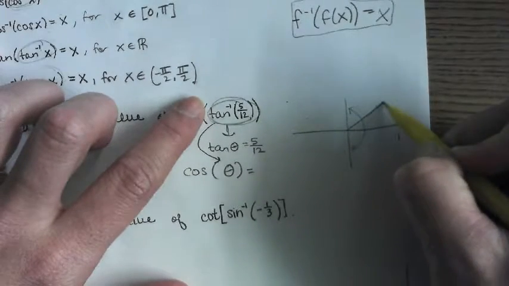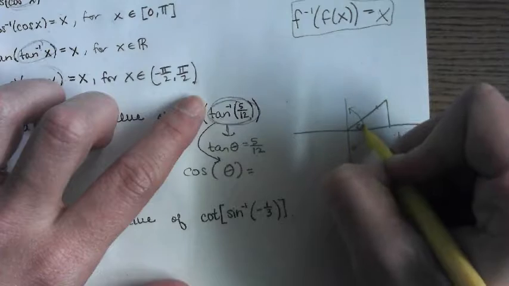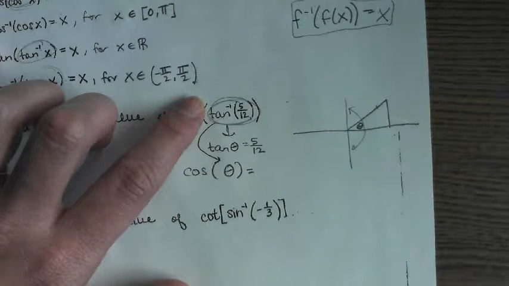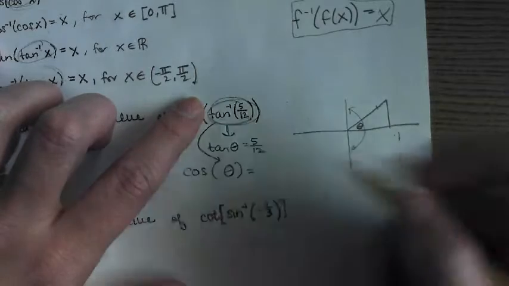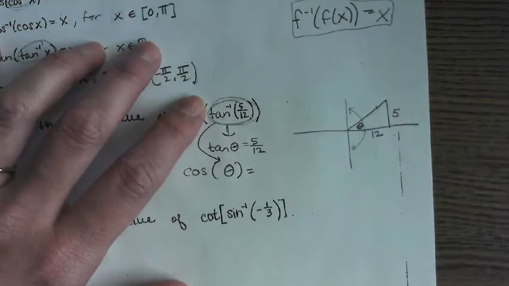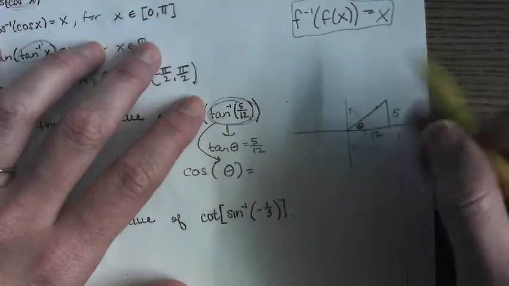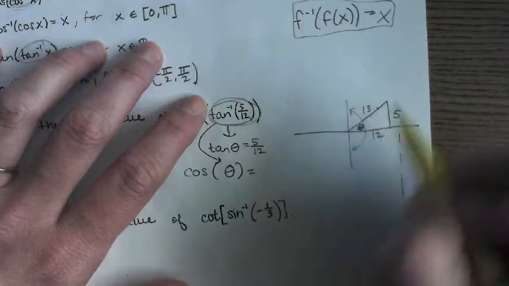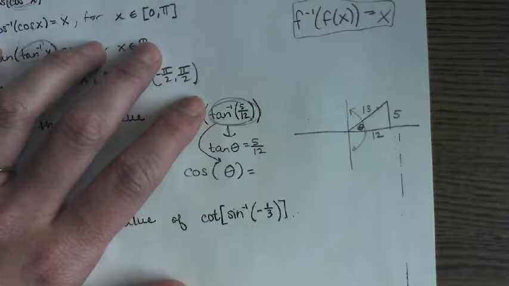So we're going to draw a terminal ray and an angle theta in quadrant 1. We're going to label our sides appropriately. So the opposite is 5 over the adjacent is 12. We're going to complete the triangle. So what's the hypotenuse? 13 with the Pythagorean theorem, or Pythagorean triple there.